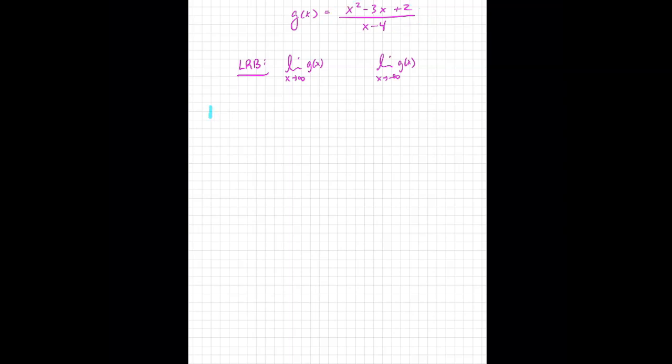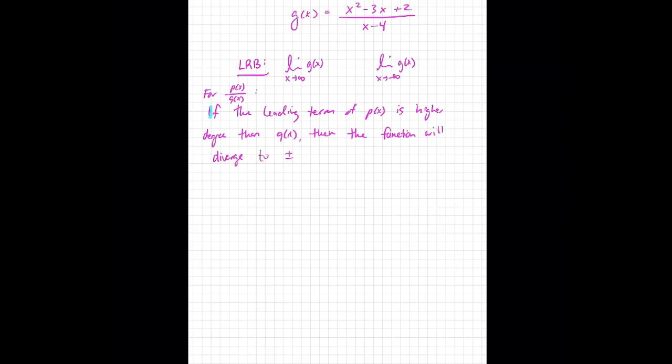So if the leading term of p of x, so again, it's of this form, right? P of x over q of x. If the leading term of p of x is higher degree than q of x, then the function will diverge to plus or minus infinity.